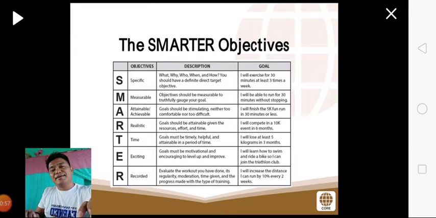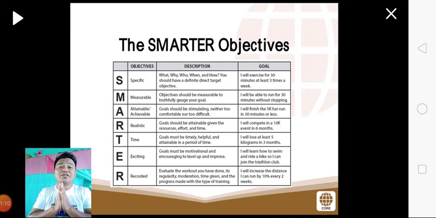Dapat realistic ka. T is for time. E is for exciting. And R is for recorded. So, dapat na mo recorded. Tanan. So, that's called, mahimo siyang word acronyms for smarter. The smarter objectives.